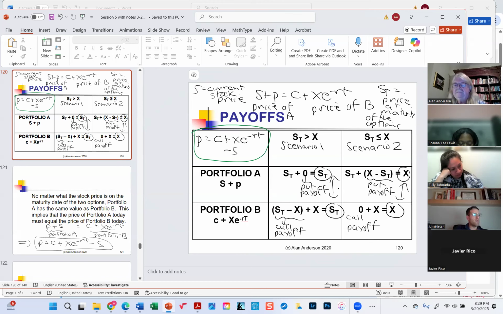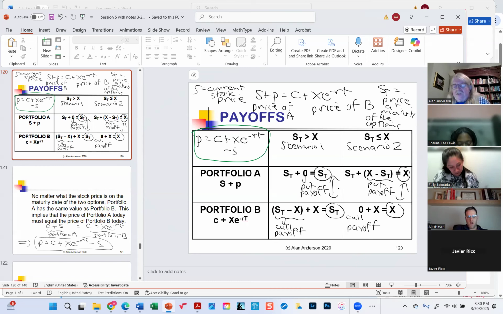Okay. And so are we assuming then that the treasury bill is essentially the same value as the put? No, it's the same as the strike price of the call.